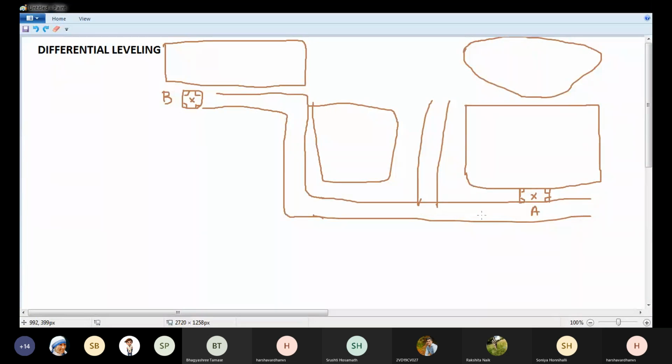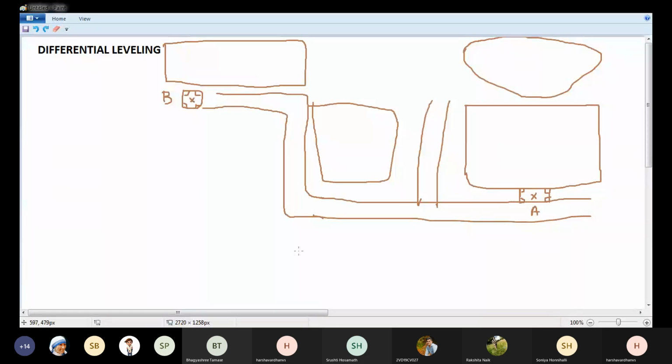But here, both the points are far from each other. So you have to change the instrument many times to find the difference in elevation between those 2 points.